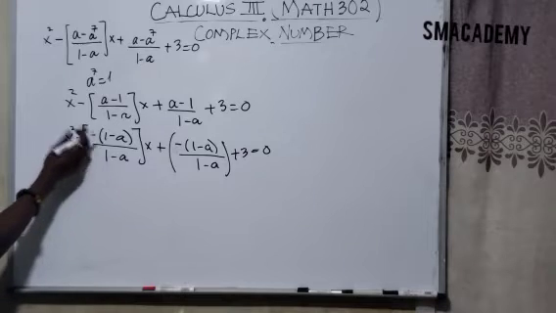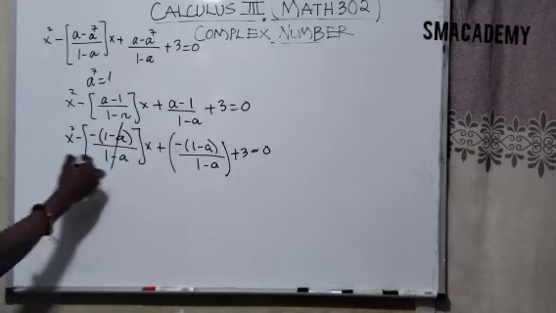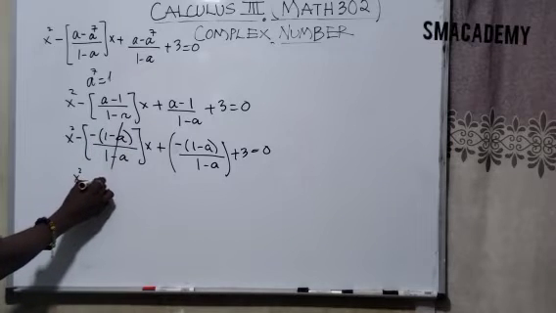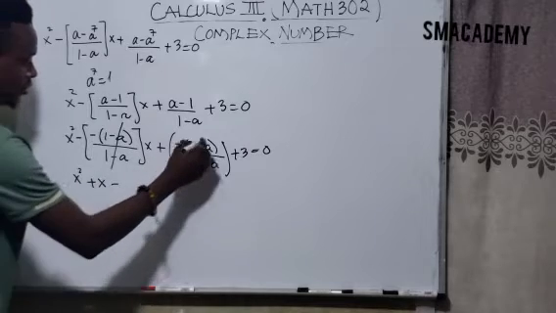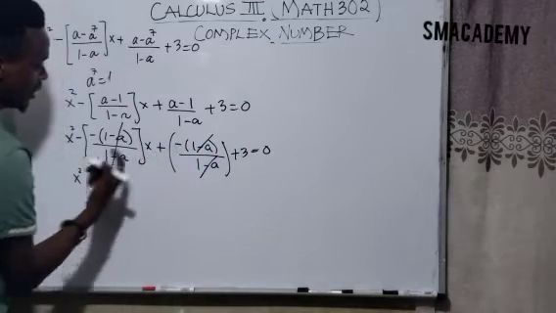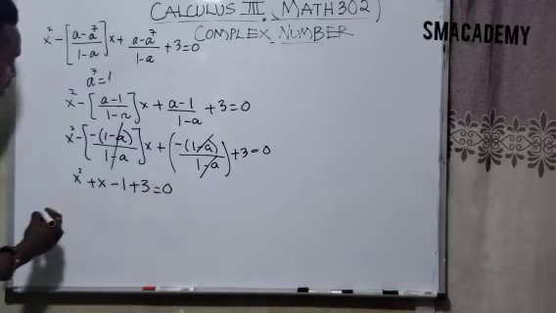We have negative times negative is positive. So we have x squared, and this and this will cancel, so we'll have plus x. This and this will cancel. We'll have positive and negative, which is negative 1, plus 3 is equal to 0.